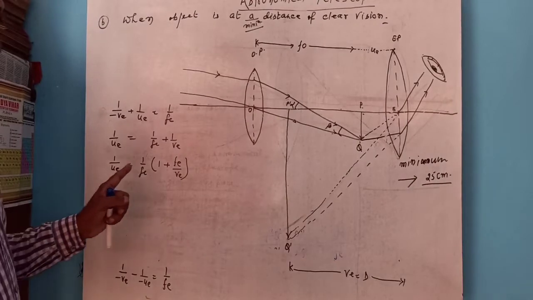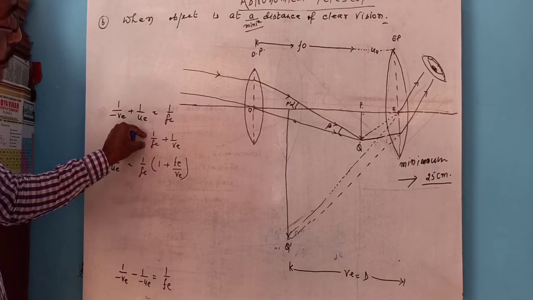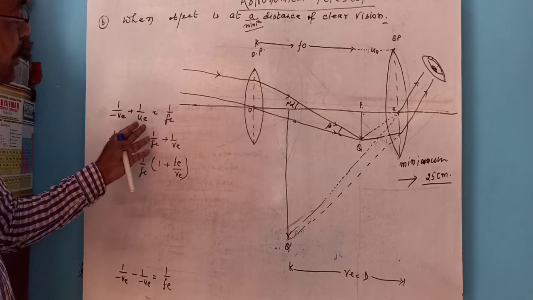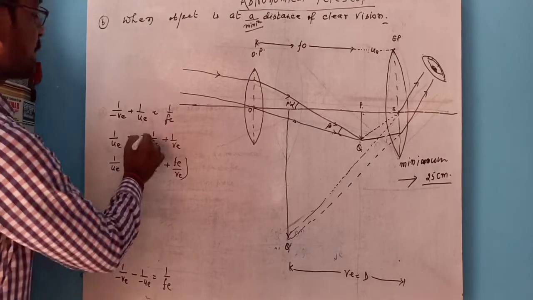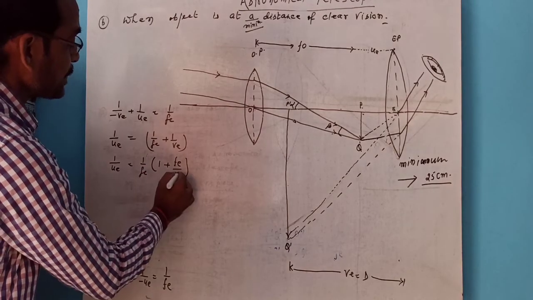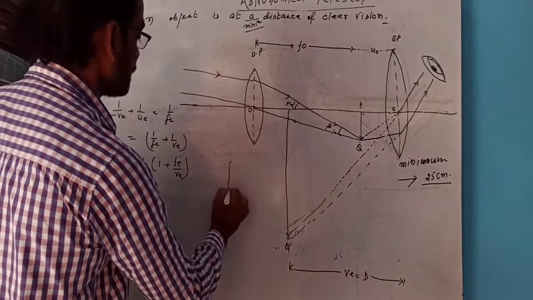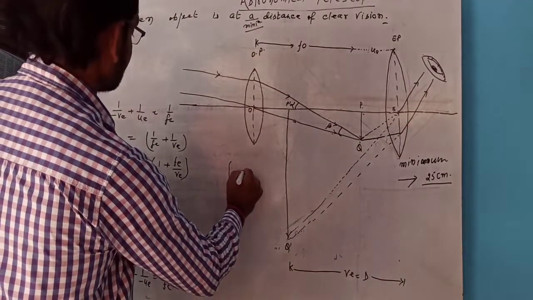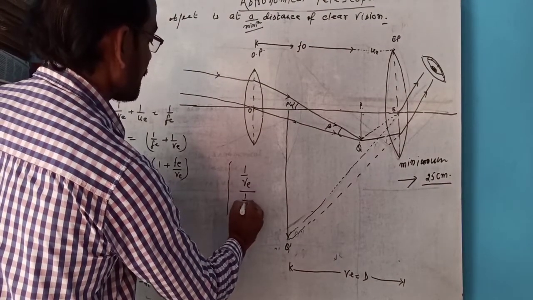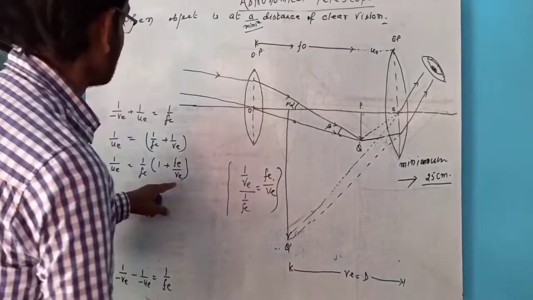Mathematically, when 1 by FE is taken out, this becomes 1, and 1 by VE divided by 1 by FE gives FE upon VE. That is clear.